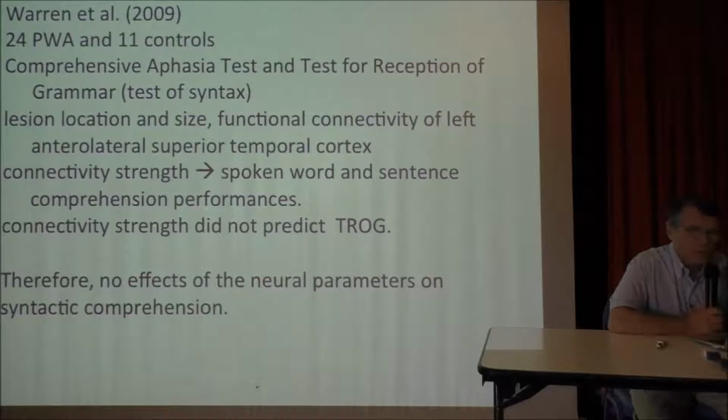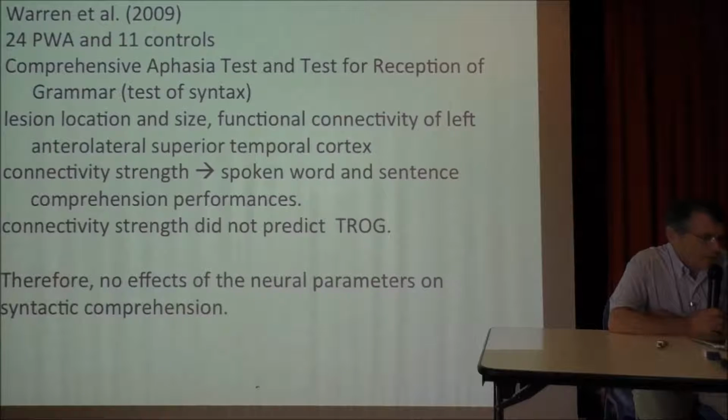They looked particularly for the strength of connectivity between the left and right superior temporal gyrus. They found that connectivity strength, and that's a point in passing, shows that lesion location is not the only neural feature that one might be interested in correlating with syntactic comprehension or anything else. It just happens to be the one that most people have used, and it's obviously relevant.